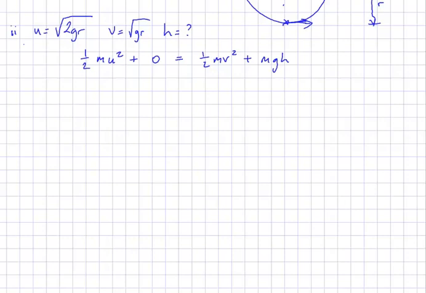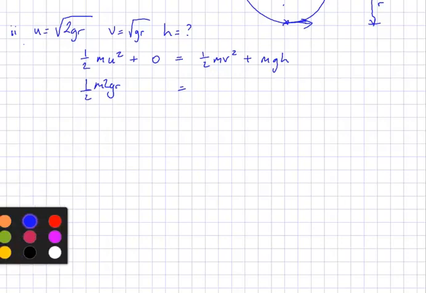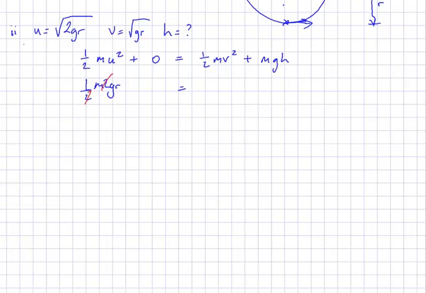The only thing here is h is 0 for the lower point. So we substitute 2gr instead of u squared. We end up with mgr, and the 2's cancel with the half, and I can put that in, if you wanted. There you go. And then they cancel.